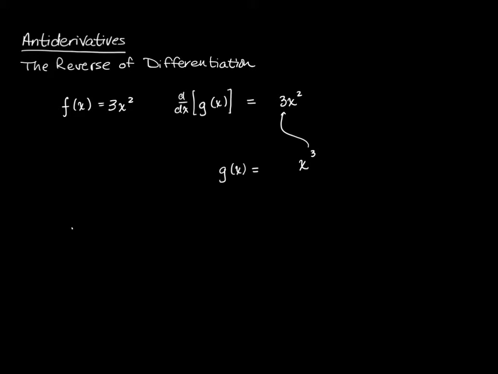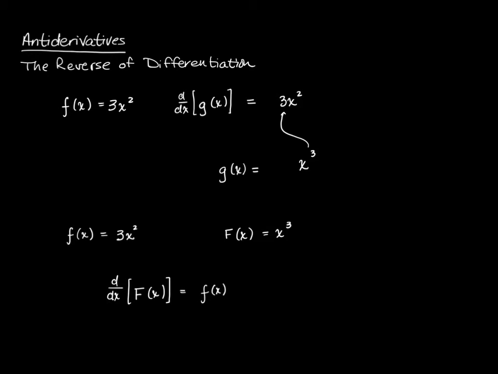To show how these two functions are related, we often say that if f of x is 3x squared, then its antiderivative is capital F of x, and we now know that to be x cubed. So the relationship between these two functions is that the derivative of capital F is little f.